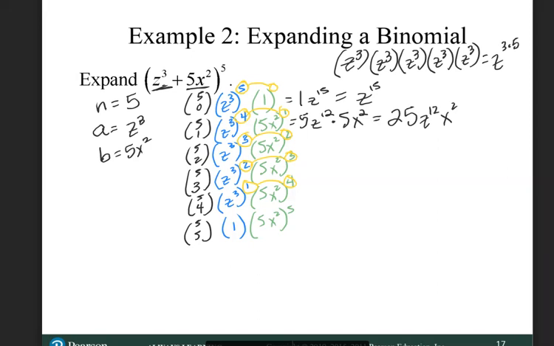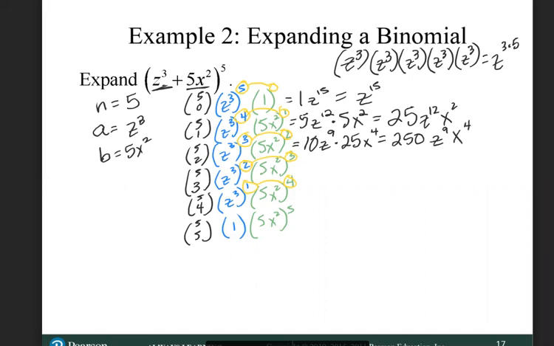Since all of them are going to have z first, I'm just going to leave z as my first coefficient. 5 choose 2 is 10. Z to the 9th times, now that's 5 squared. So that's 25 x to the 4th. That's 250 z to the 9th x to the 4th.